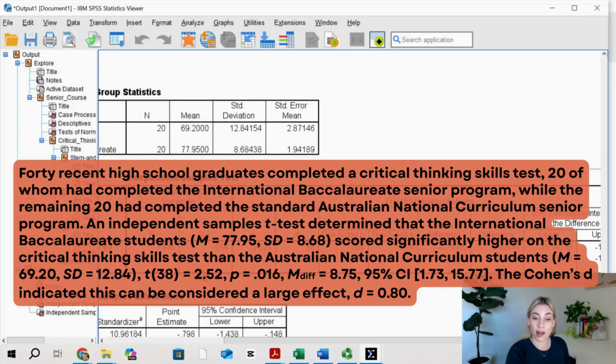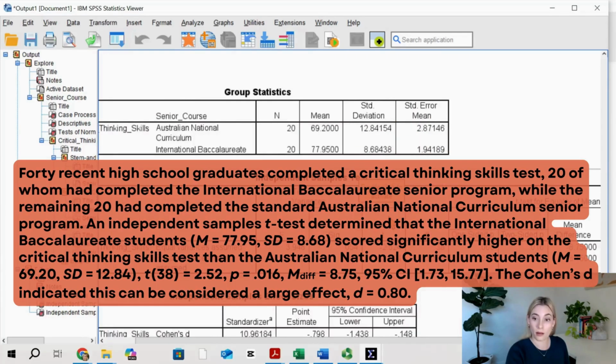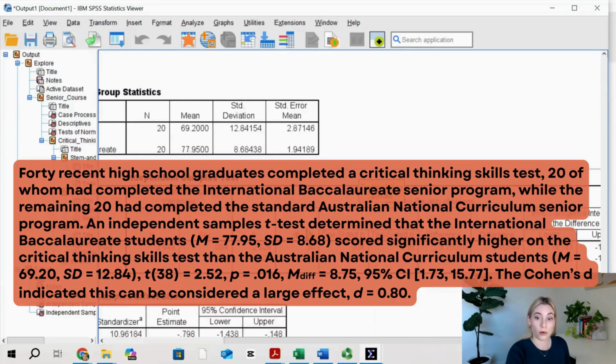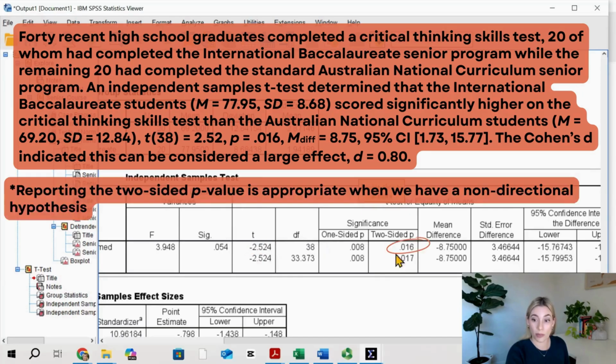If we think about the values that we need to incorporate within this write-up, we have both the mean and standard deviation values for each of our levels of the IV. We report the degrees of freedom, our t statistic, as well as our p-value.